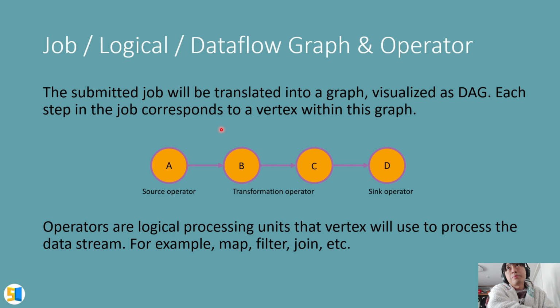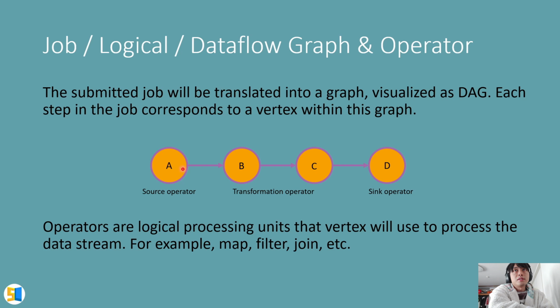The submitted job will be translated into a graph, which is called a job graph, logical graph, or dataflow graph. They refer to basically the same thing. The graph is basically a DAG, or directed acyclic graph. I have created a video about it, so you can check that later.